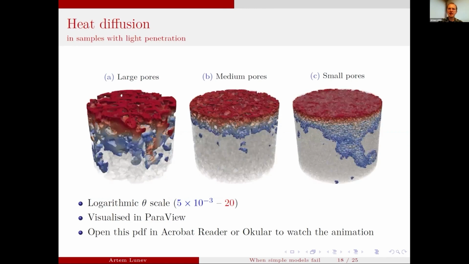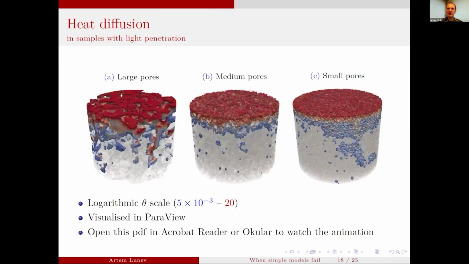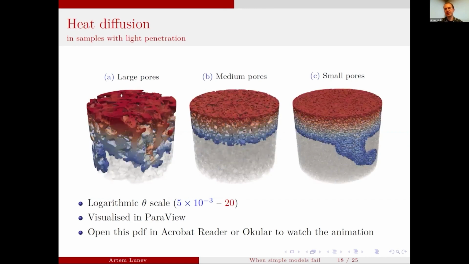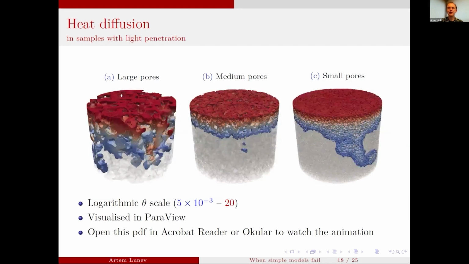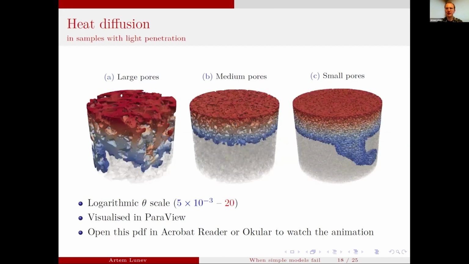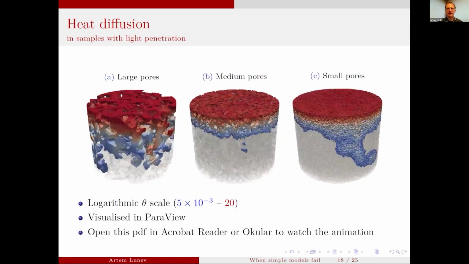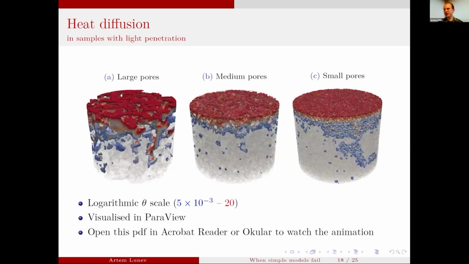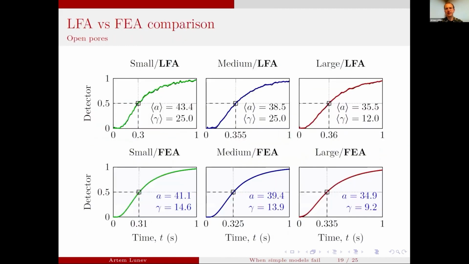When you decrease the size of the pores, you have a more homogeneous heat front moving across your sample. This has been visualized in ParaView, which is a nice tool for visualization.